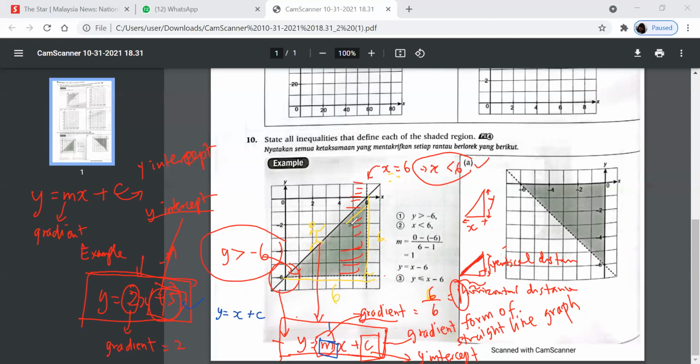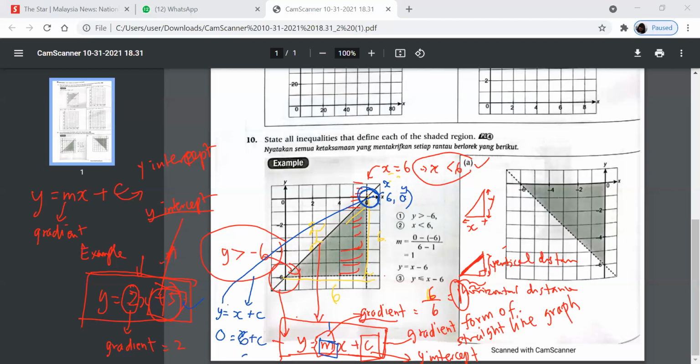This line passes through the point (6, 0), where x is 6 and y is 0. Can you substitute this point in? y is 0, equals x, which is 6, plus c.